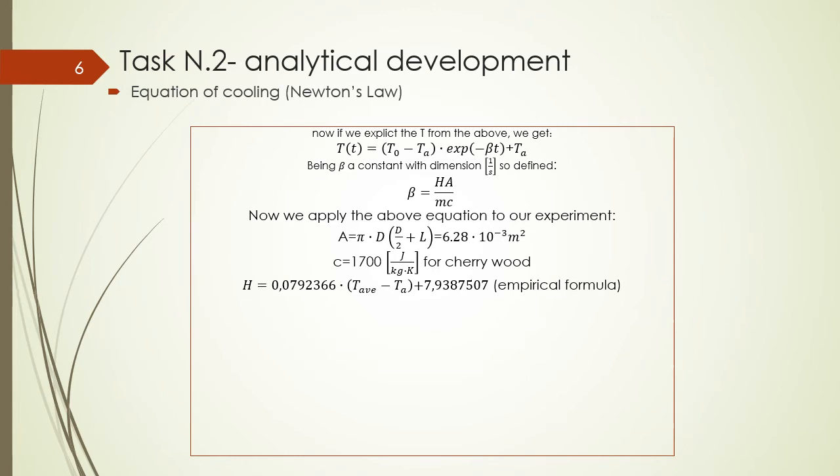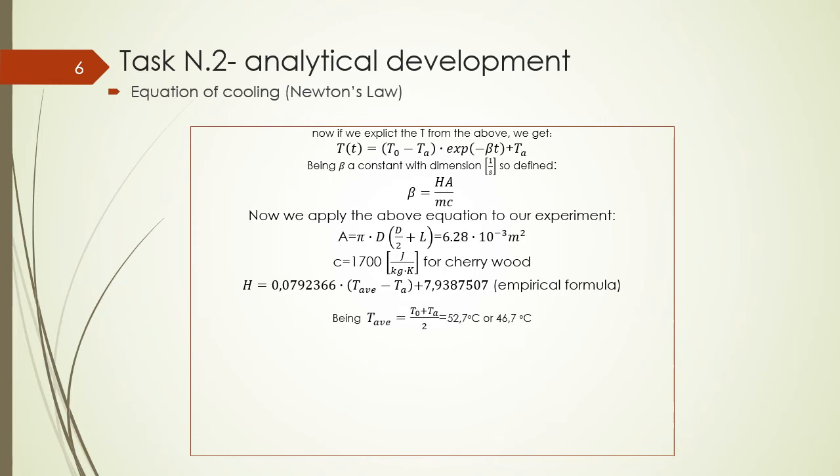The empirical formula is only valid for air and only for small bodies, and temperatures in the range of 100, 150 degrees. Otherwise, this is a more complex formula which involves a lot of parameters.